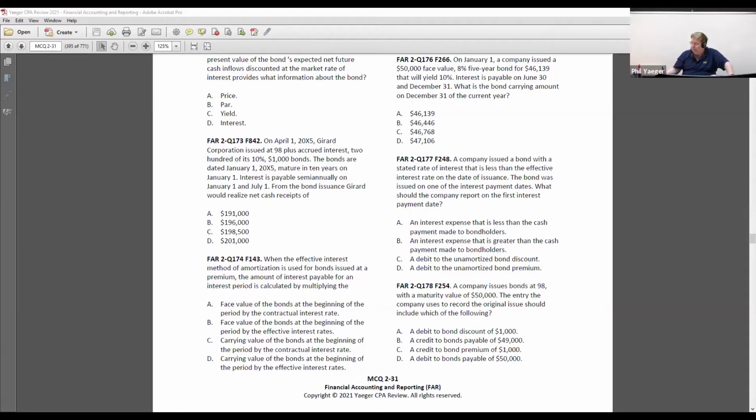That's 3 months. The bonds were issued April 1st. They pay the first interest payment July 1st. So they only held it for what? 3 months of the 6-month period. So the bondholders are only entitled to 3 months. Let me go to the board a second.